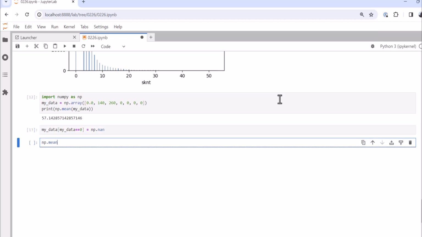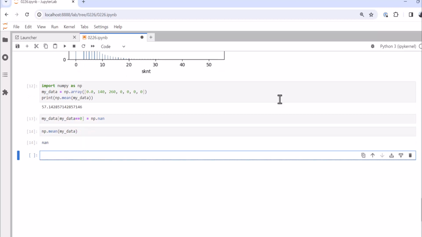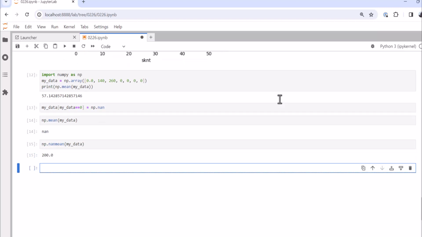Now if I calculate the mean of my data, I get NaN, because it doesn't know how to deal with NaNs unless I use nanmean, which says, well, ignore the NaNs. And then I get a reading of 200. So a very significant difference in my statistic on wind direction.